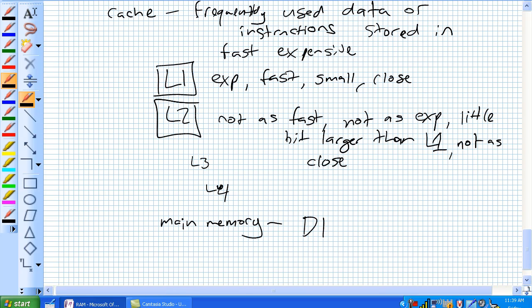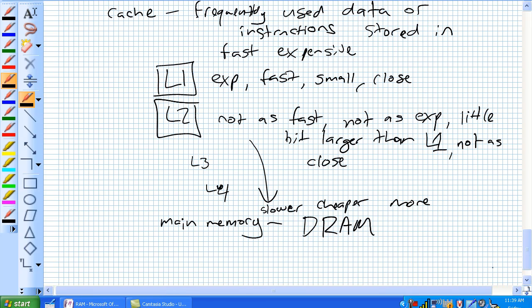And that's not SRAM. That's typically DRAM, which is slower but cheaper. And you've got more of it because it's cheaper. Okay? So as you progress down the levels, things are getting slower and cheaper, but you're getting more of it.